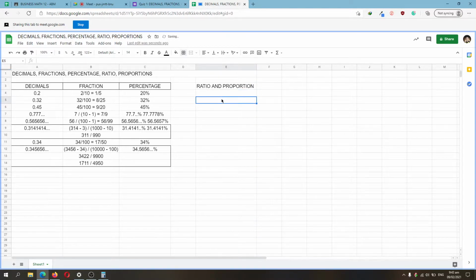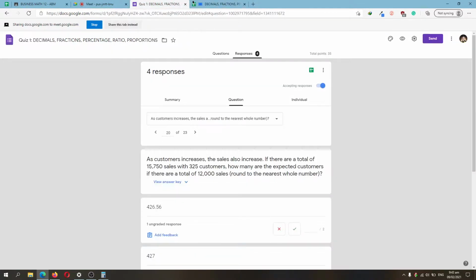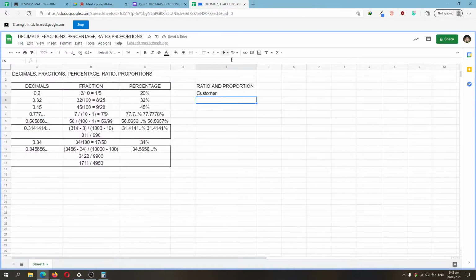So yung value ng X, lagay natin. So dito tayo sa ratio and proportion. Doon tayo sa tinatawag natin na customer. Sabi niya, kapag nag-i-increase si customer, mag-i-increase din yung sales.